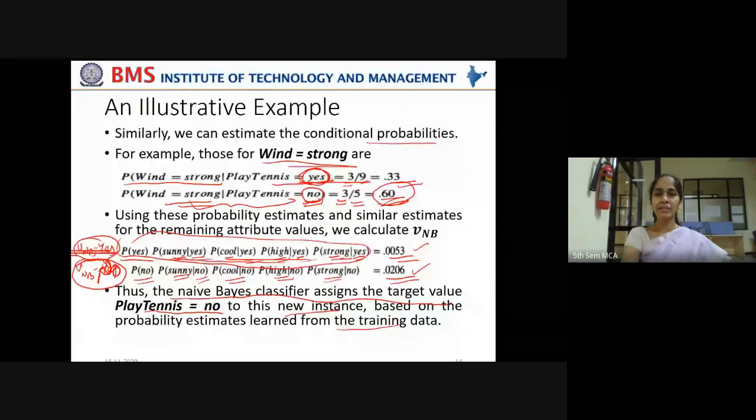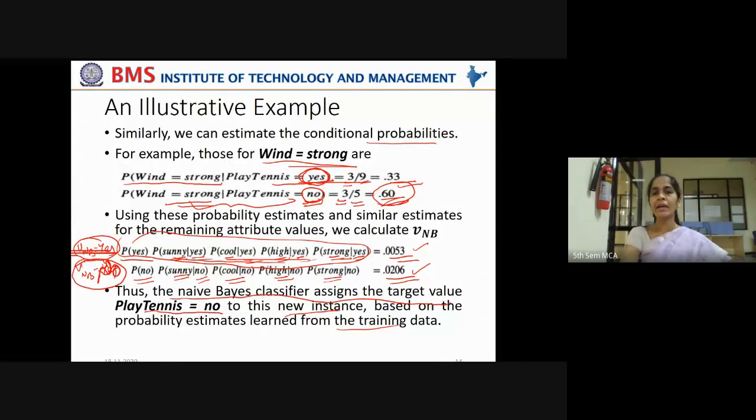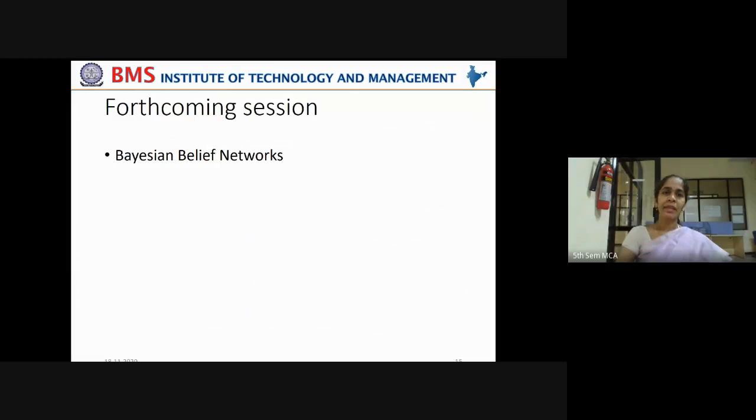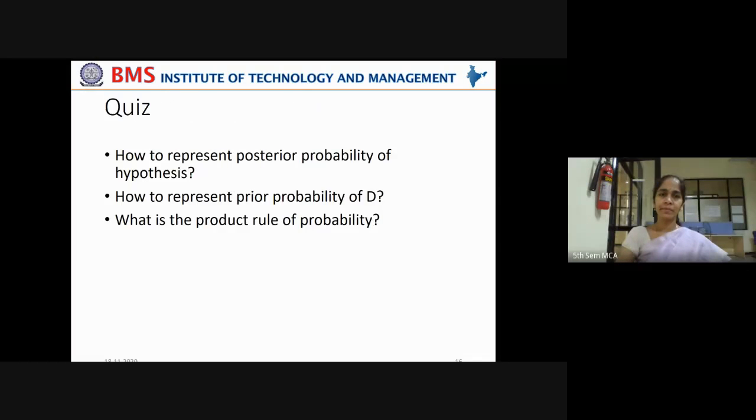You have to practice it a lot. Other variants also may be given, not only the same example. But if you practice with this example, the concept will be clear so that you can apply that knowledge to any other examples given. In the next class, we'll go through Bayesian belief networks and how they are different from the naive-Bayes classifier.